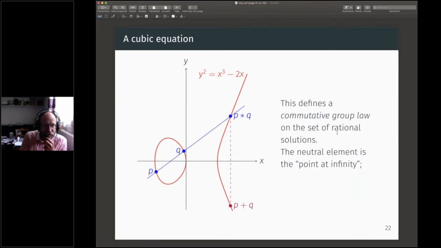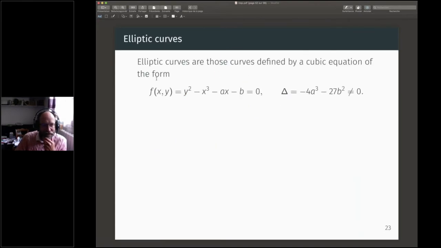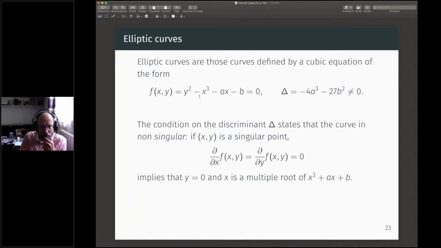And more generally, elliptic curves are curves which are defined by a cubic equation of the form y squared equals x cubed, and with other parameters here. In the previous slide, it was minus 2x, but it could be any ax plus b. And I need to assume that some expression, which is complicated, a discriminant, is non-zero. And there is a geometric way to understand this discriminant.